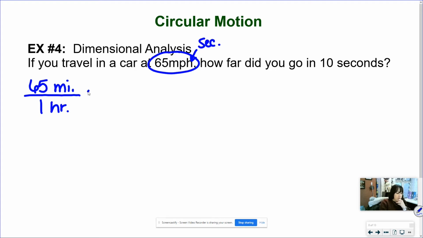So we're going to do a conversion, okay? What you want to do is you want these hours on the bottom to go away, and you want it to be seconds. To do that, you're going to find a way to put hours on top so that that unit of measure cancels, and then something else on the bottom. So I'm going to do this in baby steps.